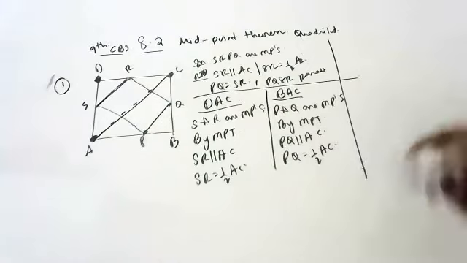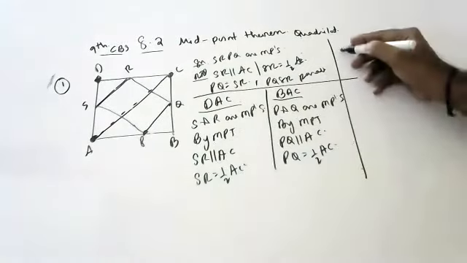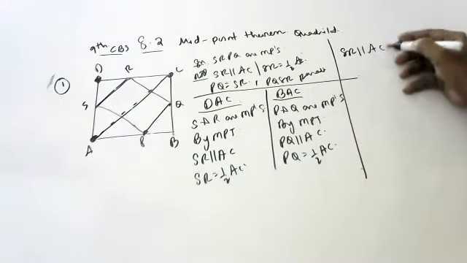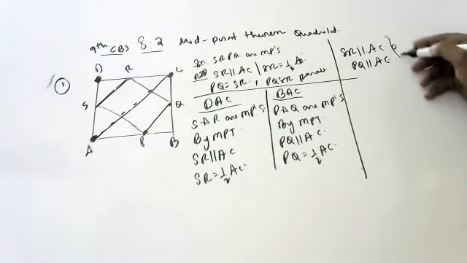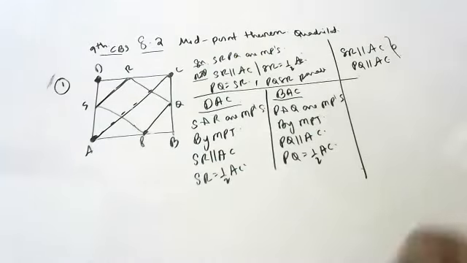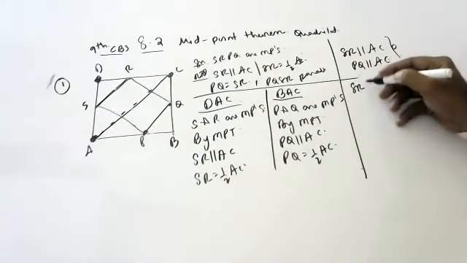Now you see here, SR is parallel to AC and PQ is also parallel to AC. When SR and PQ are both parallel to AC, we can say SR is parallel to PQ.